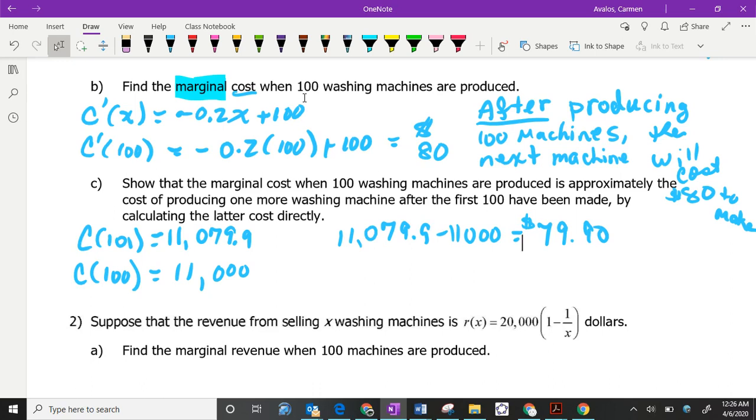It did not fall all at once, bam, 1 inch at 10 a.m. It took a whole hour for it to do that. So 1 hour afterwards, that's when we have the full inch of rain. This is saying the same thing. The rate at which it costs at 100 washing machines is $80. So that's how much it's going to cost me to make the 101st washing machine. So that's what all it's saying on there.